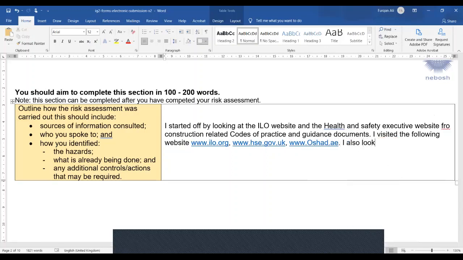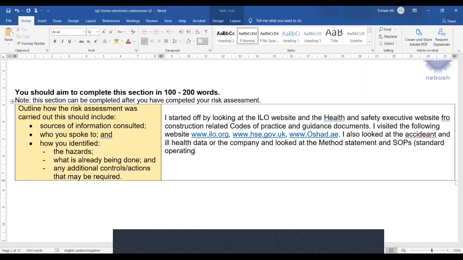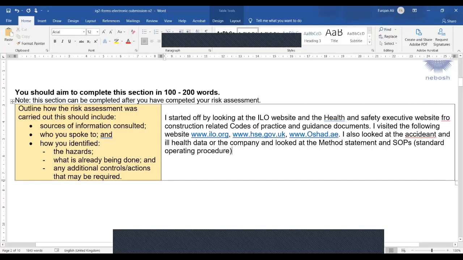I also looked at the accident and ill health data of the company and looked at the method statement and SOPs. SOPs are standard operating procedures. Okay, so now I have included everything that I did for looking at the sources of information.